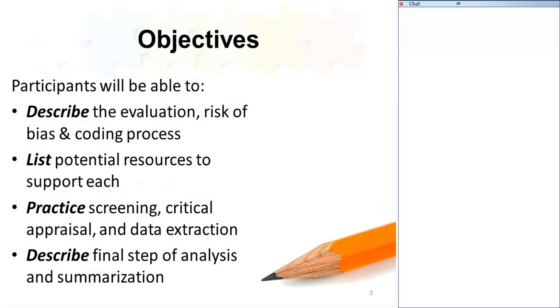Hopefully through your questions we can answer those, but one of the most important parts about this is as you feel more comfortable with systematic reviews is to start to practice these, and you may even pick a topic of your own in librarianship that you want to do a systematic review on. That's a really great way to learn about these steps. And then finally, we'll talk about the analysis and summarization step of reviews.